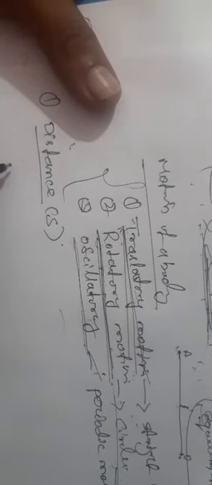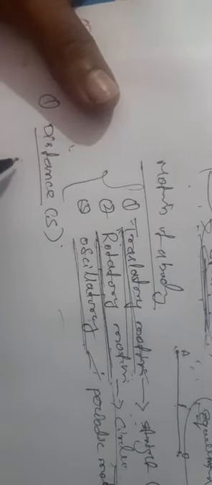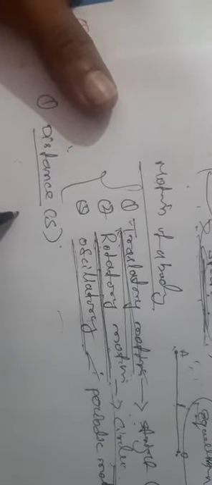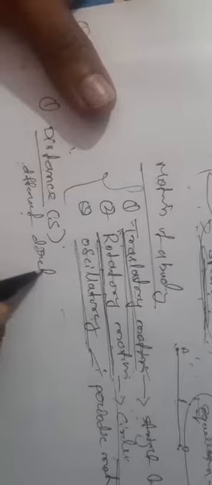What is the meaning of distance? When a particle changes its position in any direction, that is called distance.